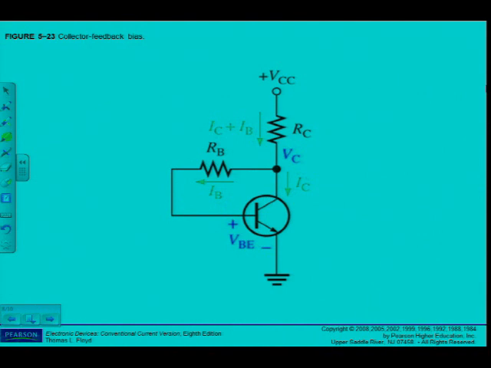What is the difference? Look here, where is RB connected? It's connected to the collector. Remember, the base biasing was connected to the supply. Now that makes a huge difference. So this is called collector feedback biasing because the base current is now fed from the collector.